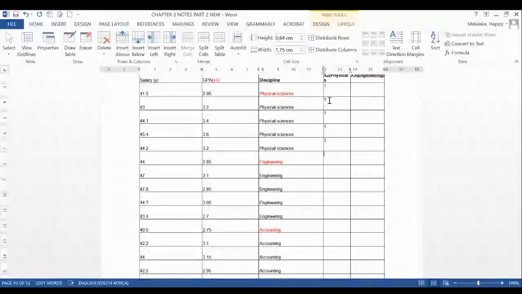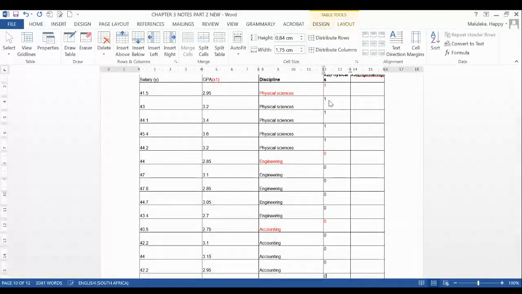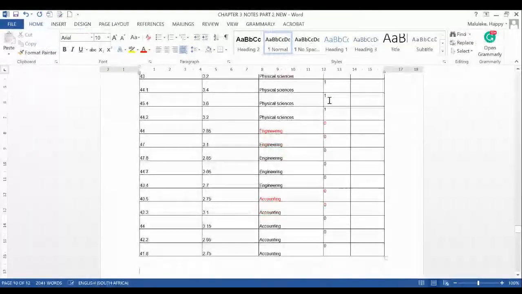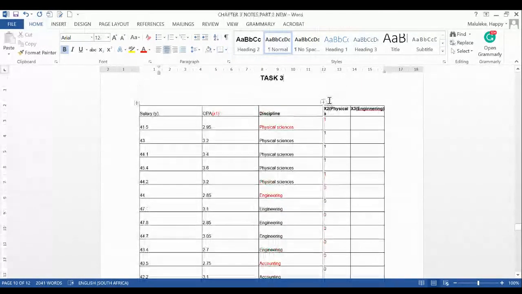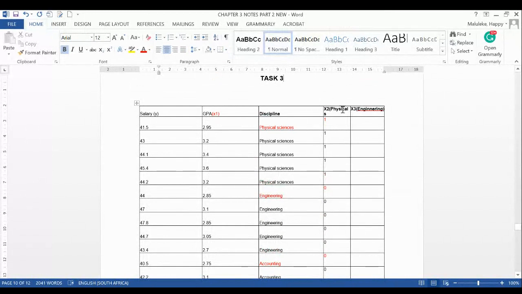Yes. 0. 0. 0. Until the last one. Thank you very much. It means under x2, whenever you see physical science, you'll put 1, otherwise 0. Same applies to engineering.